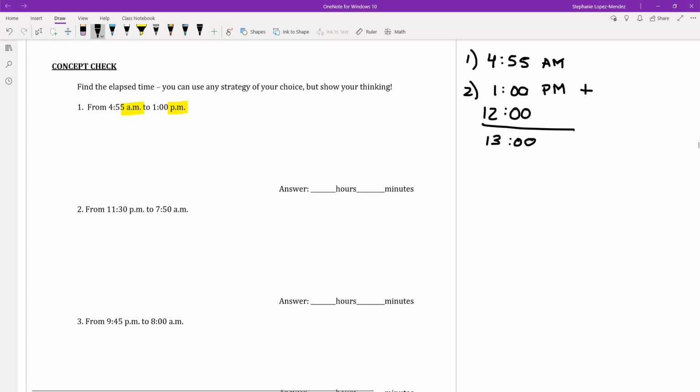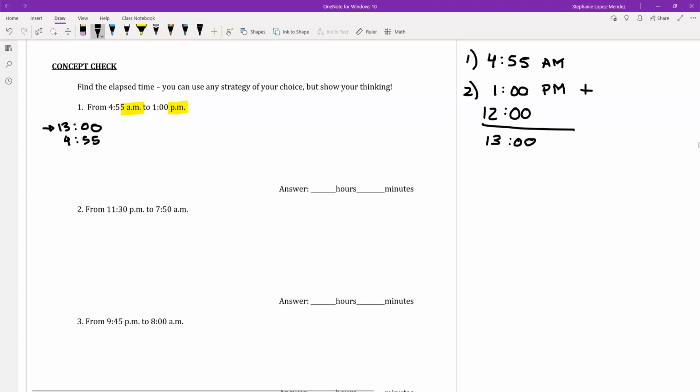So I go ahead and write down 13, because the time at the top has to be greater than the time at the bottom, and then I write 4:55. I noticed something. My hours are greater. 13 is greater than 4, right? However, 0 is not greater than 55.